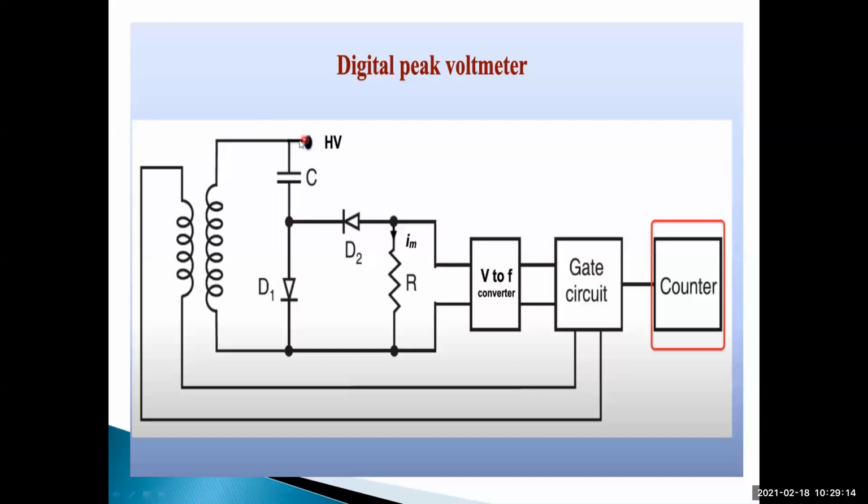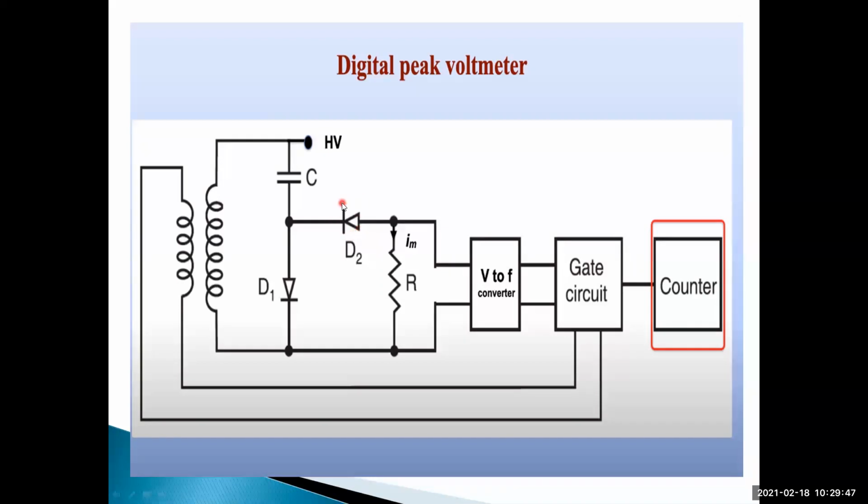It is connected to one side of the capacitor, and the high voltage terminal is also connected to the transformer. One side is connected to the high voltage terminal and also to the capacitor, and this capacitor is connected through a diode and a resistor in a reverse biased manner.